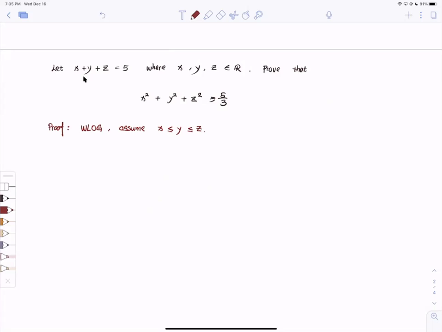It could be the other way around, but it doesn't matter in this case because they are symmetric. If you switch x, y, z positions, it's still the same. That's why I use without loss of generality. But anyway, in this case, my z would be the biggest number. My x will be the smallest number.